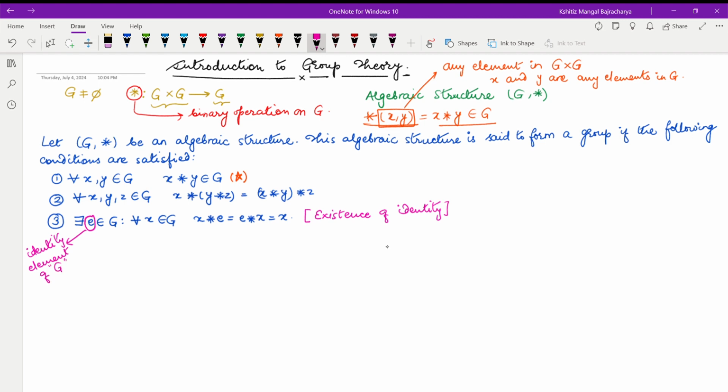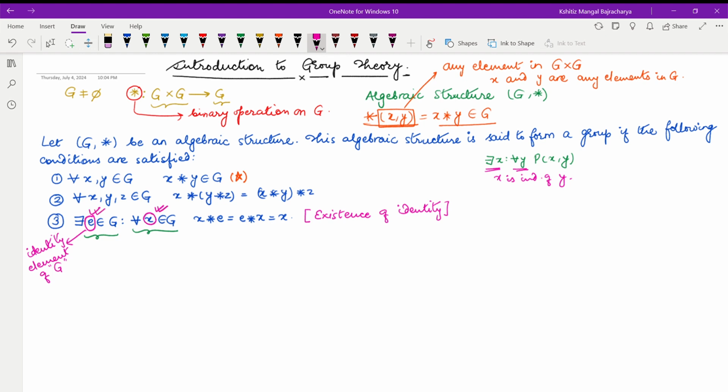Now why is it so? It is so because this E is independent of x, since we have a statement of the form there exists E for all x, P(x, E). So the value of E does not depend on the value of x.